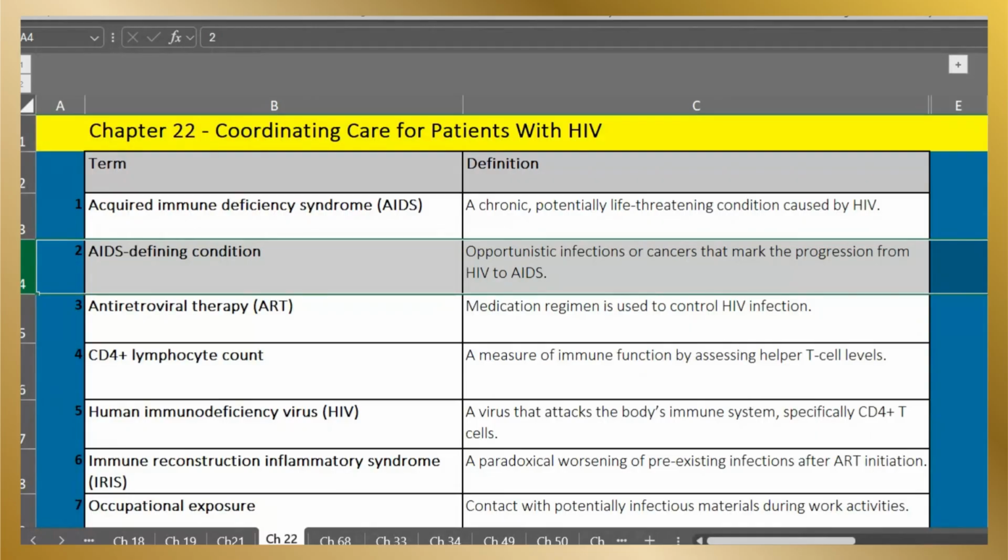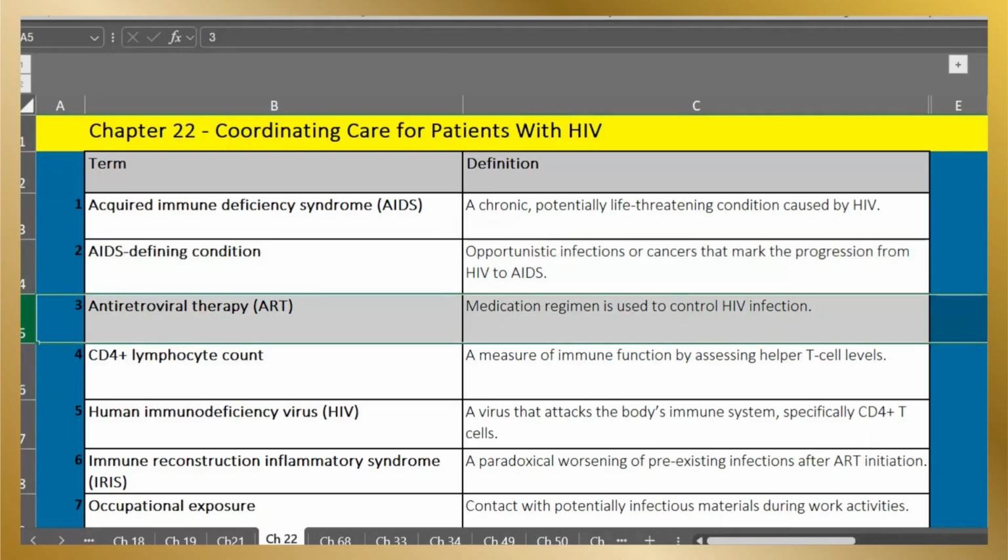Moving forward, AIDS-defining condition: opportunistic infections or cancers that mark the progression from HIV to AIDS. Examples include Kaposi sarcoma, PCP, and tuberculosis. Their presence in an HIV-positive patient defines AIDS regardless of CD4 plus count.